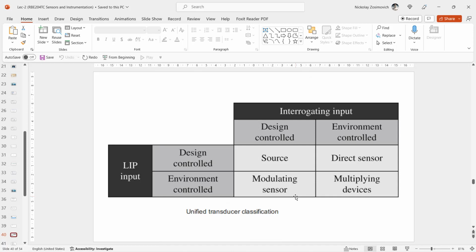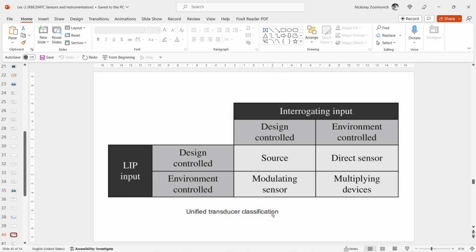Look at this slightly. The characteristics of these four transducer types are briefly reviewed. First, design-controlled LIP input and design-controlled interrogating input. All inputs are fixed, and this type represents a signal or information source, for instance, a standard or a signal source with a constant or predetermined output.